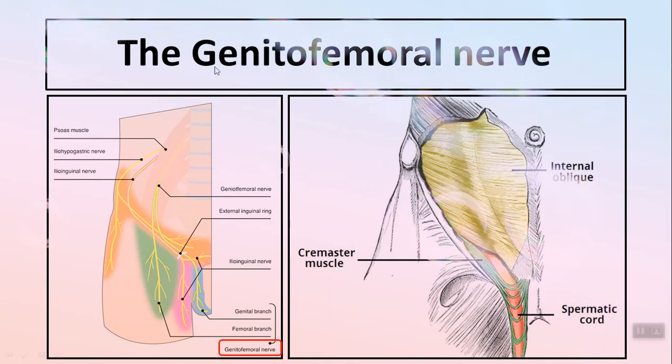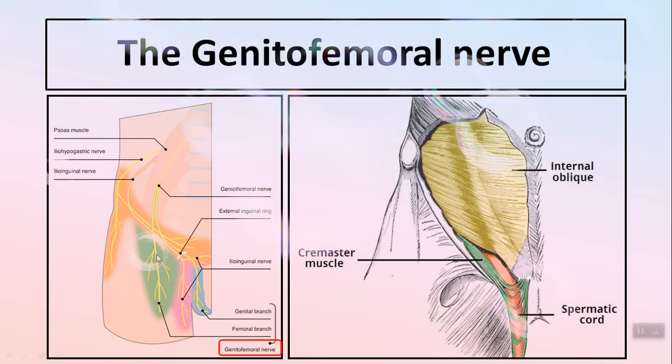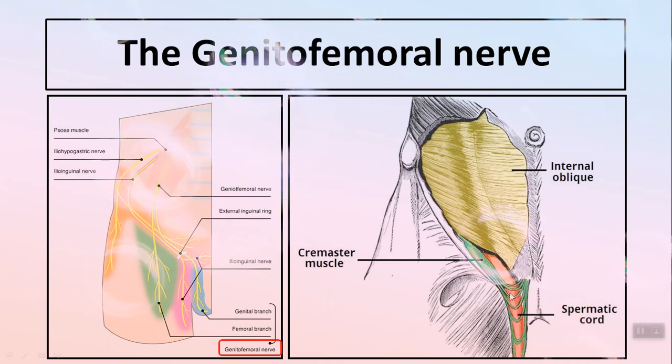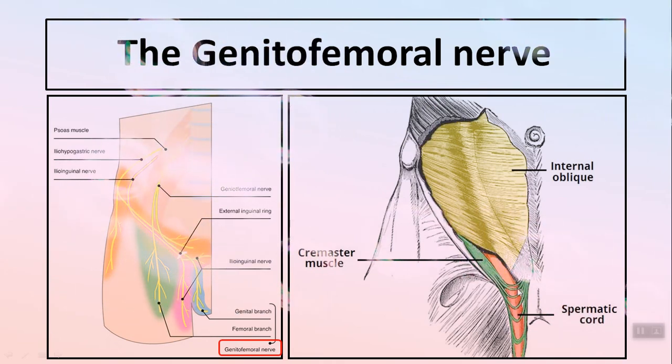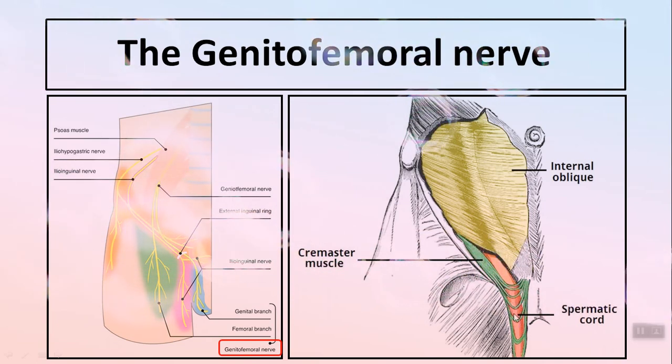Why do we call it the genitofemoral nerve? Because it has a genital branch and a femoral branch. The femoral branch supplies the medial side of the thigh, and the genital branch supplies the cremasteric muscle, which forms one of the layers of the spermatic cord and the scrotum.